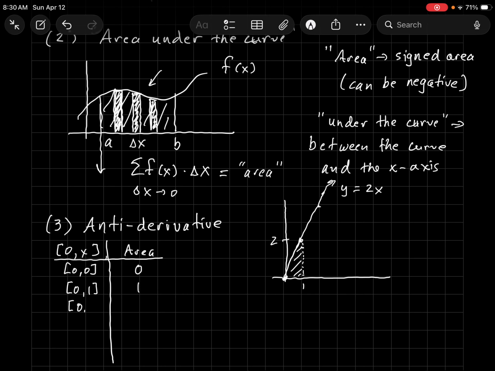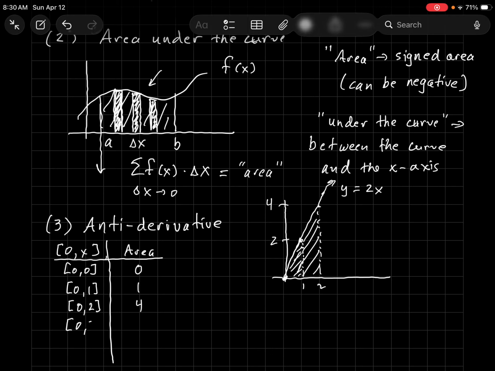How about on the interval 0 to 2? Well, on the interval 0 to 2, now we have a bigger triangle whose base is 2, whose height is 4, and whose area is 4.